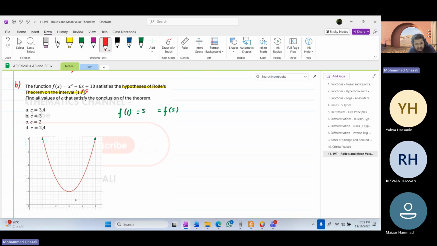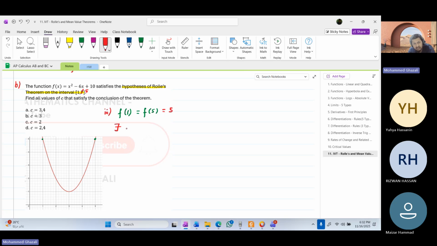It satisfies Rolle's theorem from 1 to 5. So f of 1 is 5, and f of 5 is also 5. If you substitute 7 in the function, you're going to get a very high value. Both the values are 5, so it satisfies the third condition.